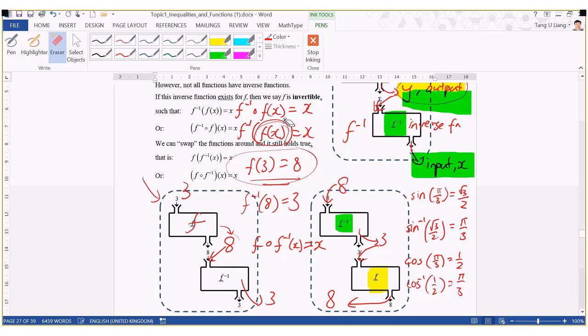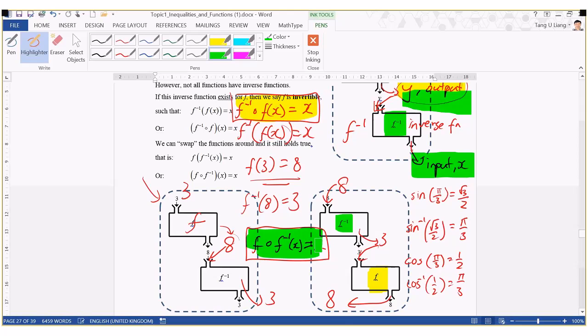So guys, these are two equations which are important. Take note especially of the order in which I write the f and f inverse. Both of these must be true.